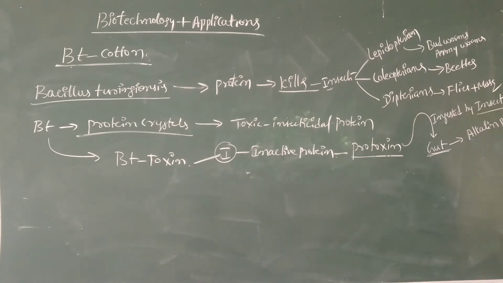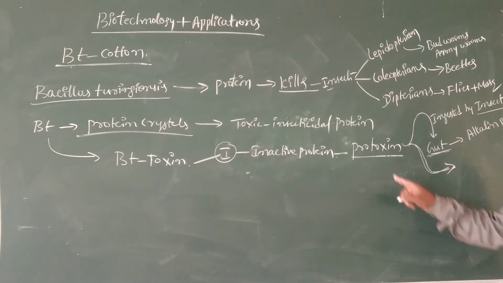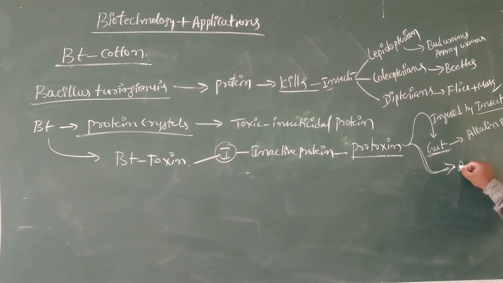In the presence of that alkaline pH, the protoxin is dissolved, or solubilized, and afterwards the protoxin becomes an active toxin.